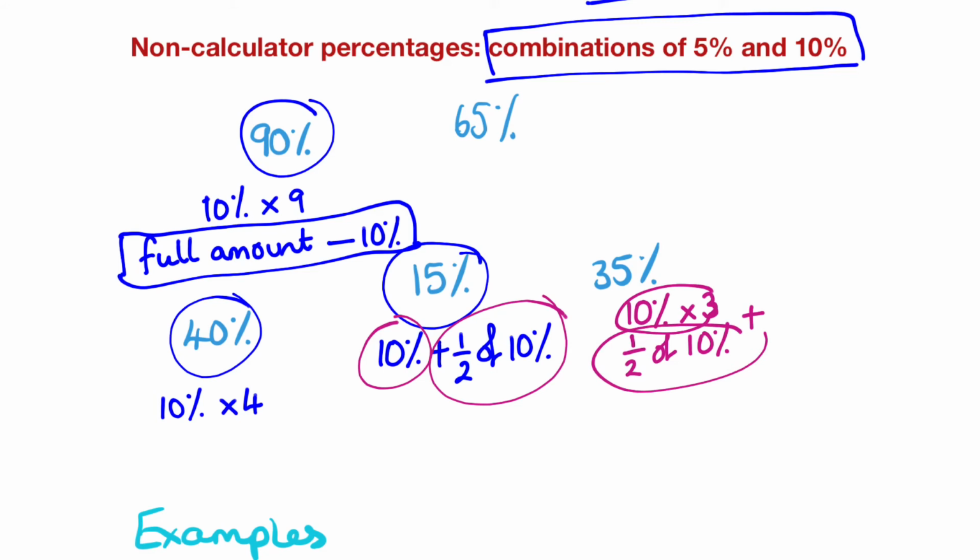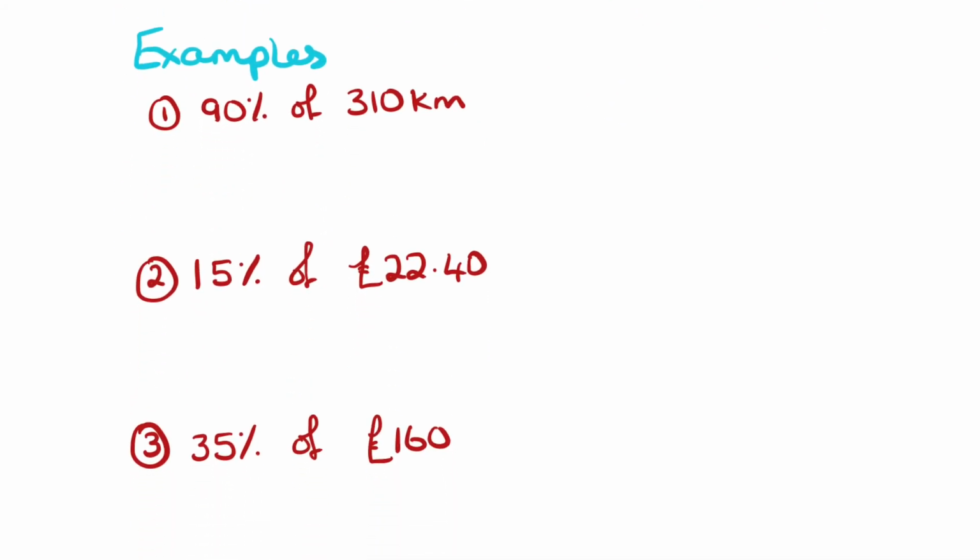So we add them together and we're going to get 35%. Okay, and then 65%, we would need 60% and 5%. So we could find 10% and times it by 6, that would give us a 60%. And then a half of 10%, that will give us the 5%, and we can add them together. 60% and 5% is 65%. So we're going to look at a few examples of that just now, not very many.